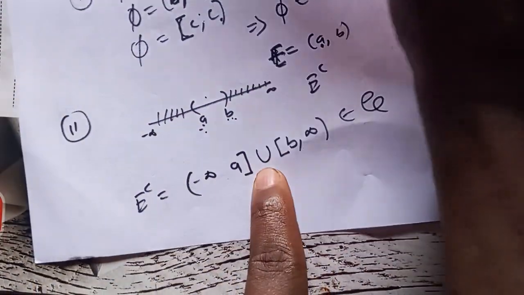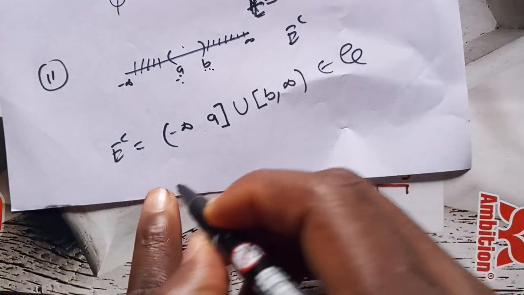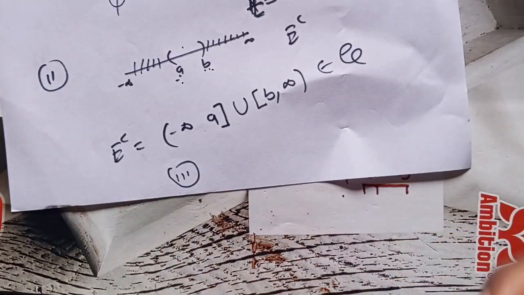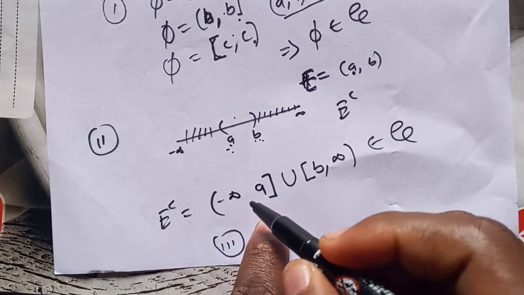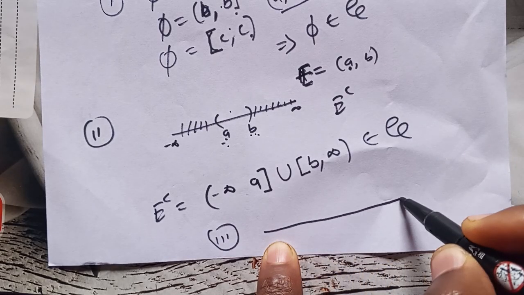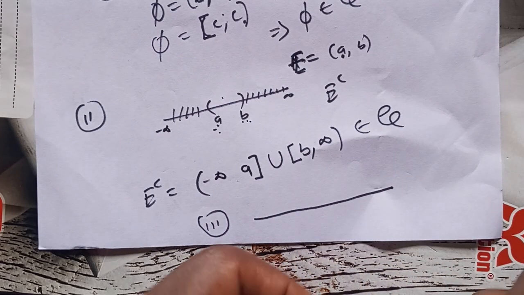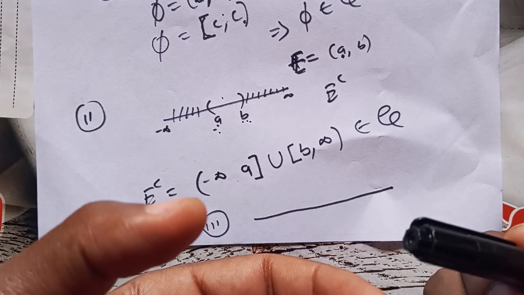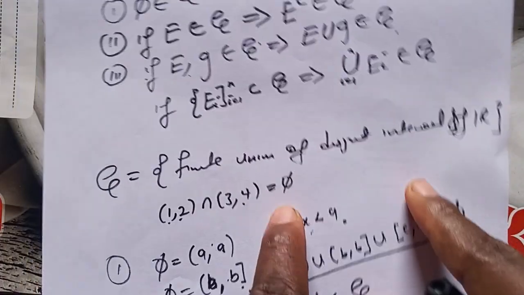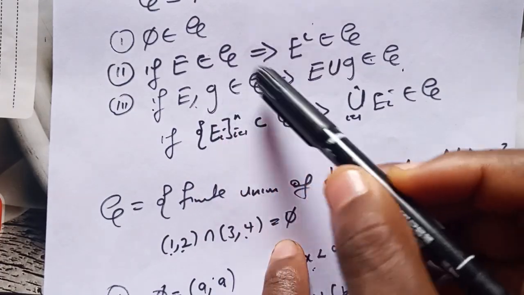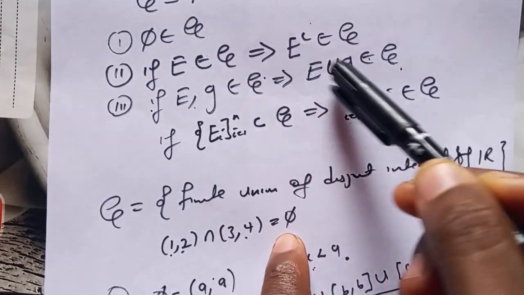Now the last one, we want to show that if we pick any two intervals and take their union, then it is also in the algebra. Remember the third condition: if we pick any two sets in this algebra, their union is also in the algebra.